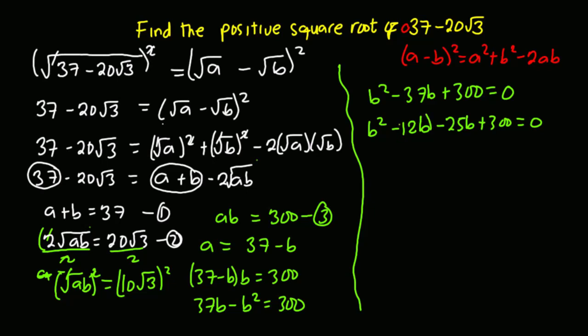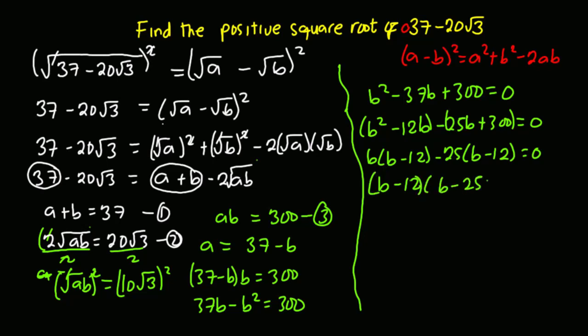Simplifying that, we get B into brackets B minus 12, and then over here we can factorize 25 out, so minus 25 into bracket B minus 12 is equal to 0. So we have B minus 12 and then B minus 25 is equal to 0. So B is equal to 12 and also B is equal to 25.